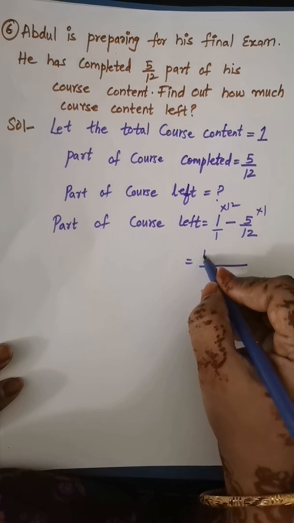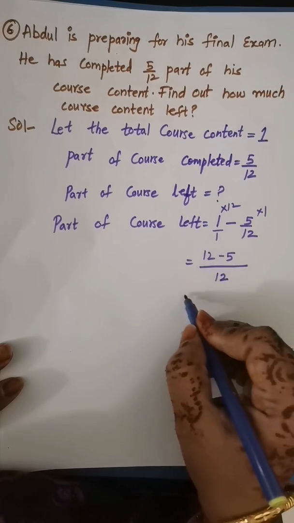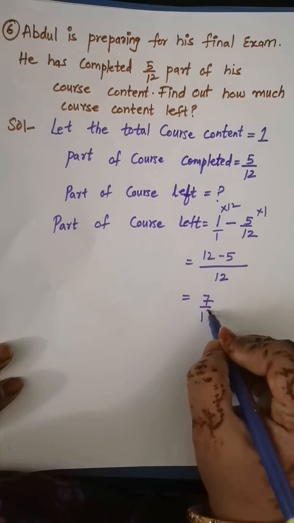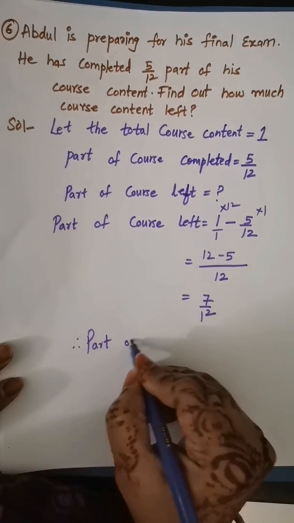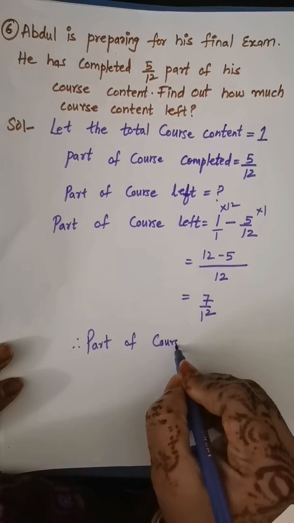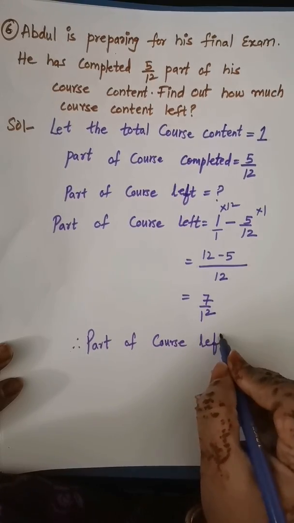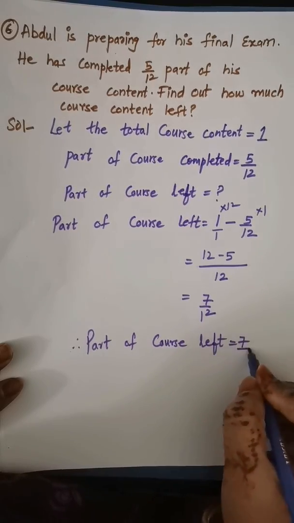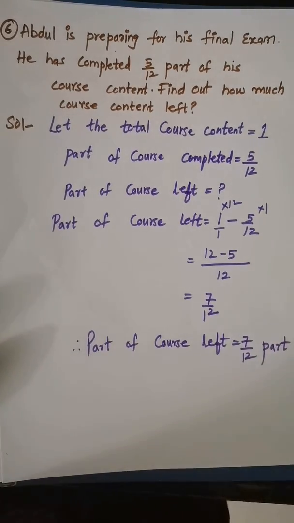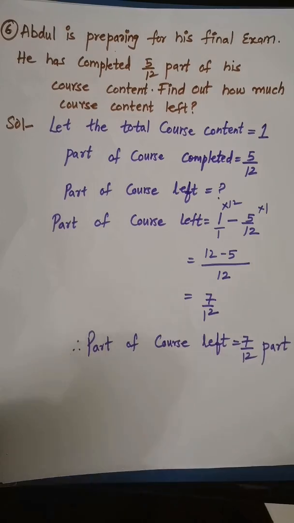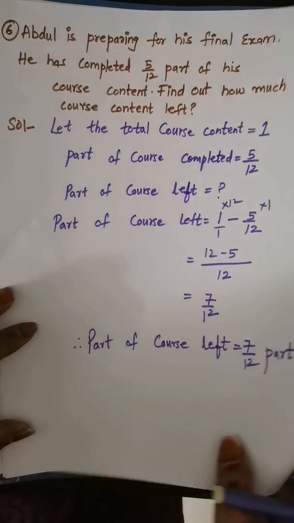So 1 into 12 is 12 minus 5 is equal to 7 by 12. Therefore, part of course left is equal to 7 by 12 part. Okay, 5 by 12 he had completed and 7 by 12 is left.